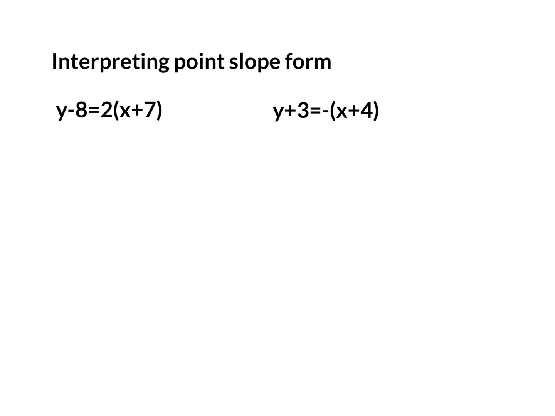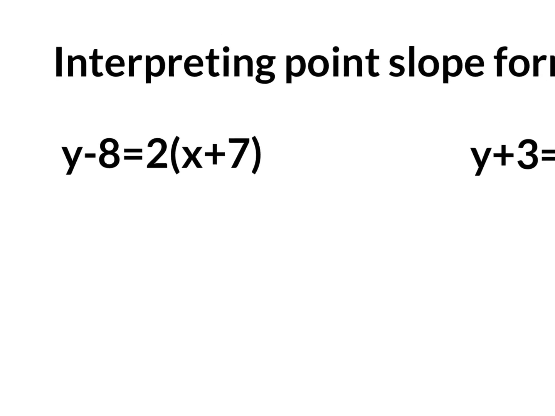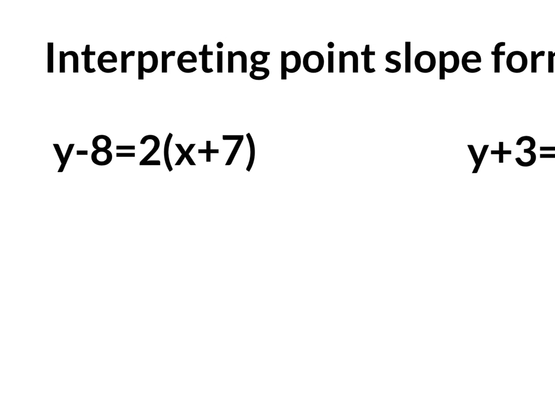So if we're interpreting something in point-slope form, here's two examples for us to look at. In this first example, I have y minus 8 equals 2(x plus 7). The easiest thing to identify is the slope here in the front. So this slope is going to be sitting in front of the parentheses, which would mean that the slope of this problem is 2. Now remember, these other points give me the x and the y coordinates.